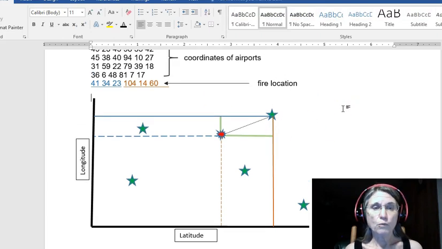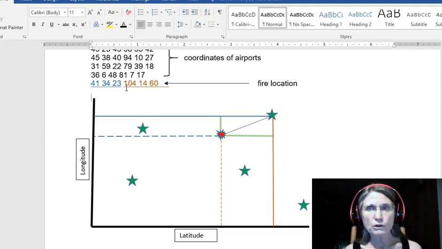And we are, of course, given that data as degrees, minutes, and seconds. So you could go through a long, drawn-out process to take that degrees, minutes, and seconds and convert it to meters or miles.